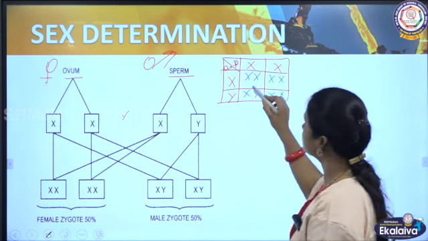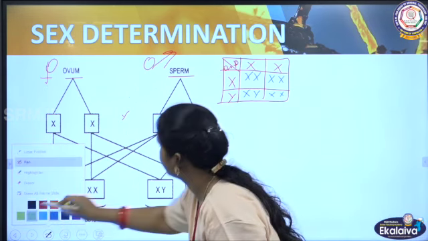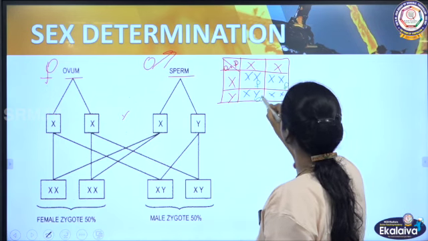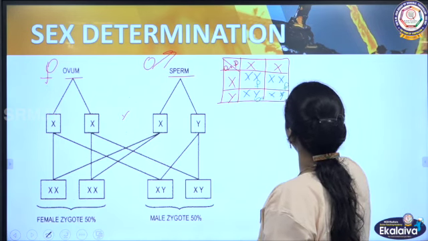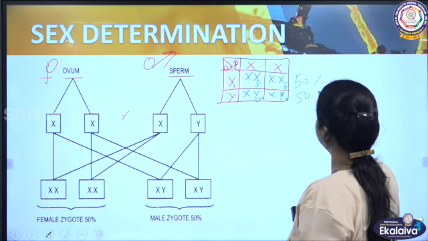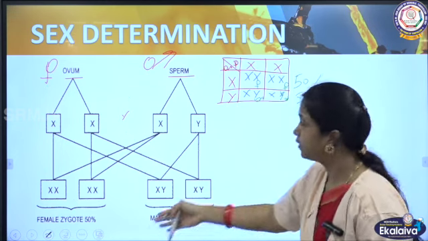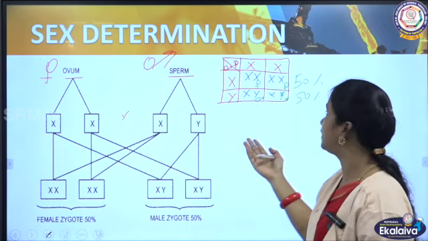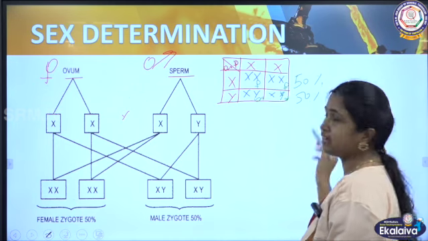So this is female, this is female, this is female, this is male, this is Y, and this is male. So 50-50. The same thing is in this flow chart also. If you find this difficult, you can take a checkerboard and complete it. So again 50-50 chances are there.